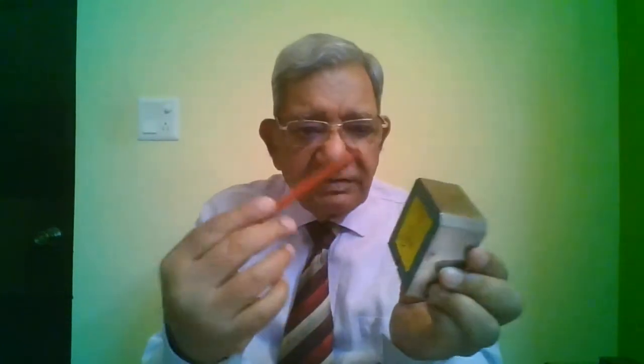Now we will come to the cavity insert. What I am holding is a cavity insert. That means this yellow portion is cavity and the whole thing including this block is a cavity insert. This cavity is to be retained somewhere.